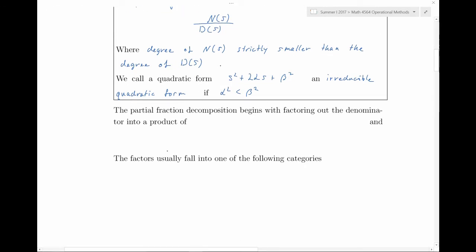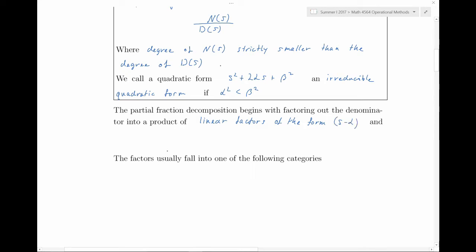When doing partial fraction decomposition, we always start with factoring the denominator. And any polynomial can be factored into a product of linear factors of the form s minus alpha.